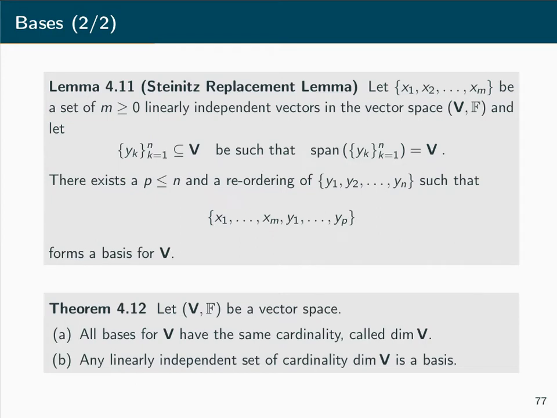Then, first of all, bases for V have the same cardinality, which is called the dimension of V and denoted by dim V. And second, any linearly independent set of cardinality dim V is a basis for this vector space. So essentially, everything is exactly as we suspected from our little R2 example.